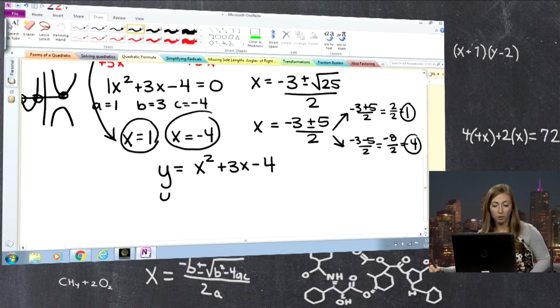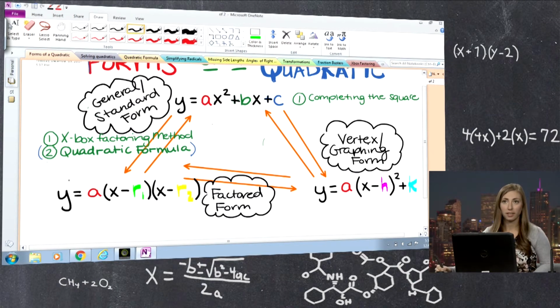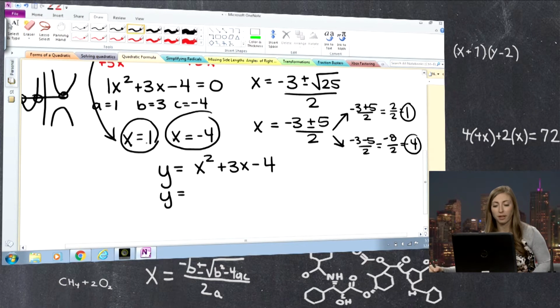And if you think about what factored form looks like, maybe I'll just go back to this here. You look at what factored form looks like, see on the bottom here, this R1 is one of your roots, and this R2 is another one of your roots. So what we did when we just solved with that quadratic formula is I found R1 and R2. So putting that into the equation, I have this.